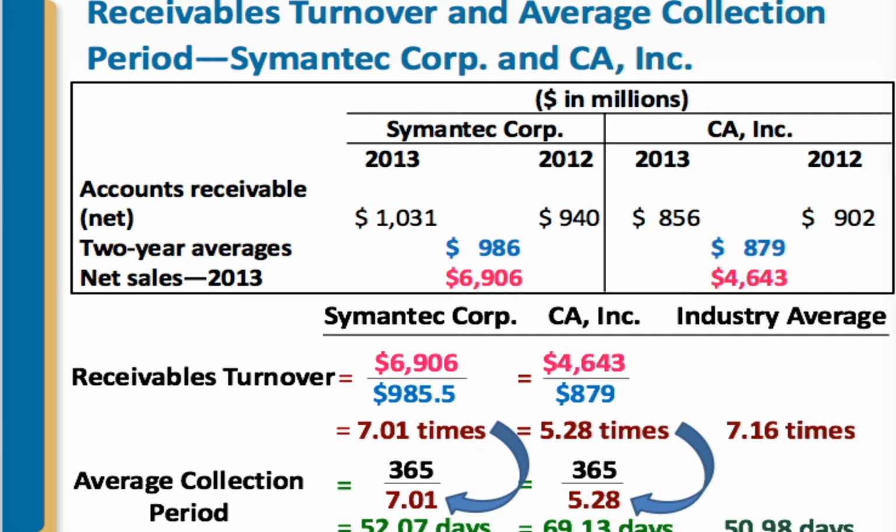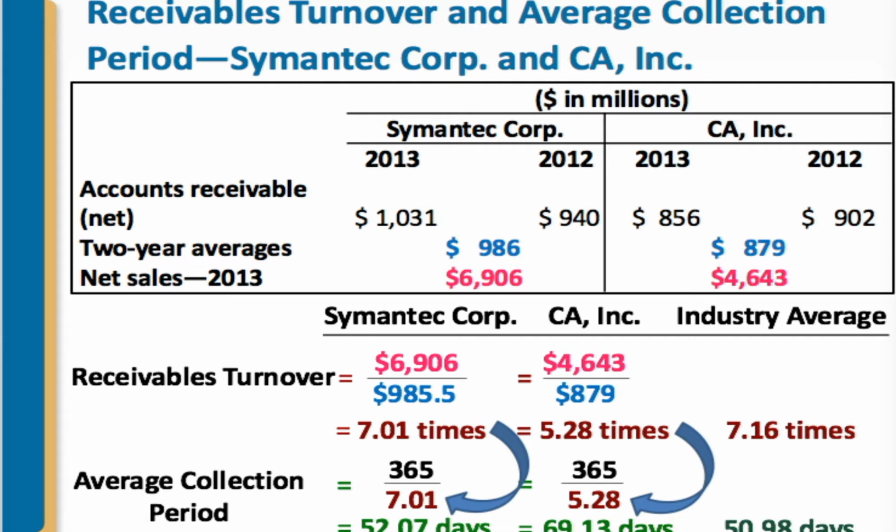To illustrate receivables analysis in more detail, let's take a look at the computation of the 2013 receivables turnover ratio and the average collection period for two companies in the software industry, Symantec Corporation and CA Inc. On average, Symantec collects its receivables 17 days sooner than does Computer Associates, or CA, and 1 day slower than the industry average.